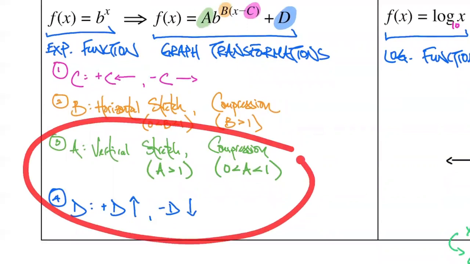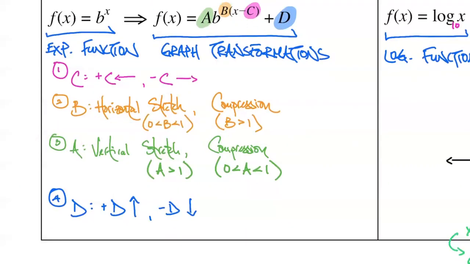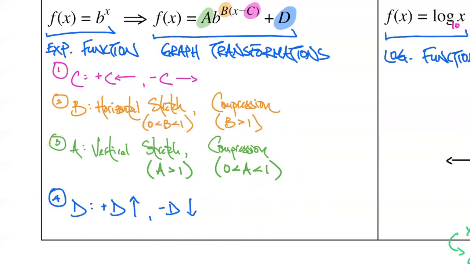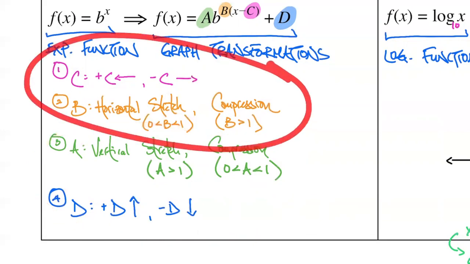What would you say about the vertical ones? Do you think those are exactly what you think they should be, or do you think they are the opposite of what you think? Yeah, the vertical ones tend to be exactly what you think they should be. And it is the horizontal ones that are actually the opposite of what we think they might be. Okay.